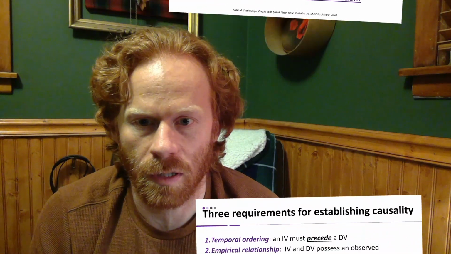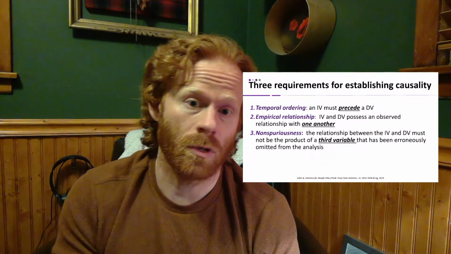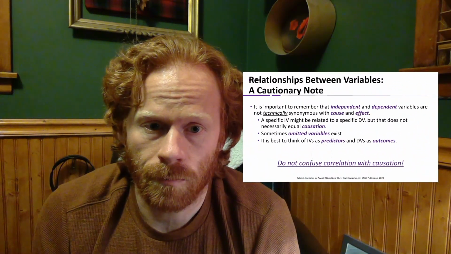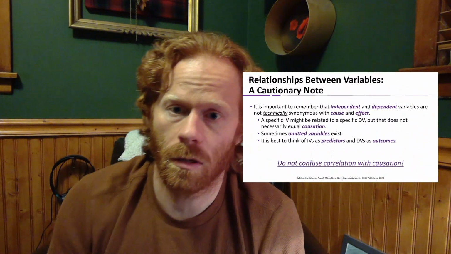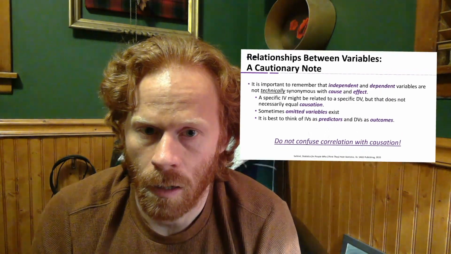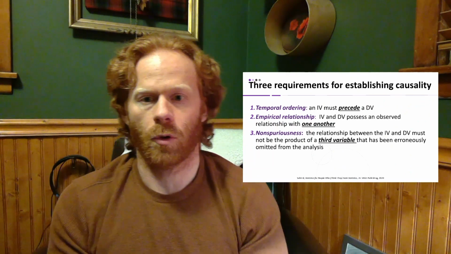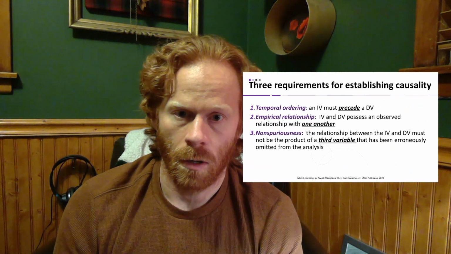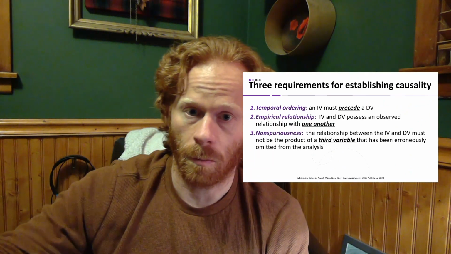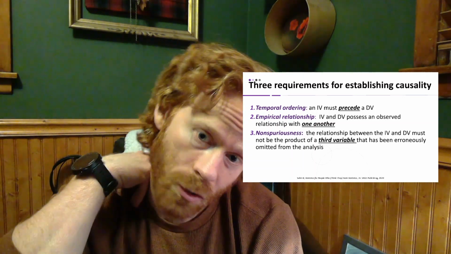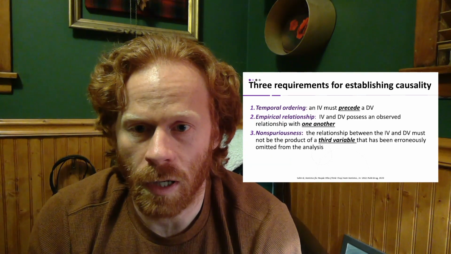So a couple things need to be in place. So do not confuse correlation with causation. Correlation does not mean causation all the time. And that's a mistake we don't want to make, because then we can attribute the cause of something to some other variable that may be interacting with it in some way. And that can especially be problematic if we're looking at something like crime.